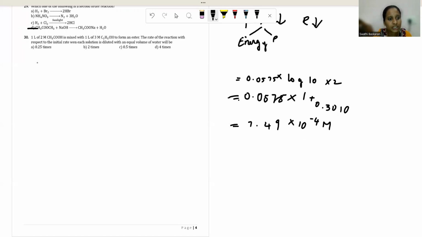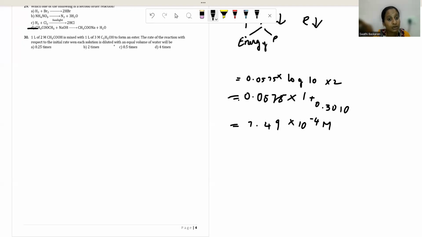Let us write two rates with respect to the first concentrations and the changed concentrations. The rate of the reaction with respect to the initial rate, when each solution is diluted. Each solution is diluted means what will happen to the concentration? The concentration will be reduced. How are they diluting?